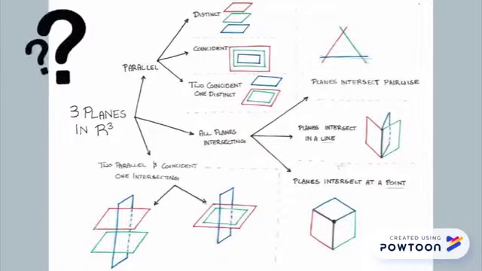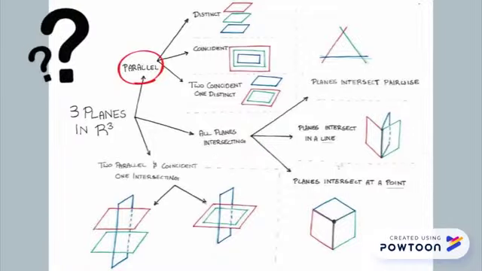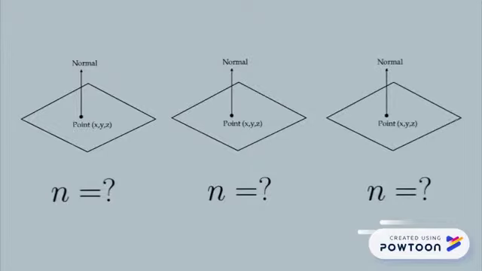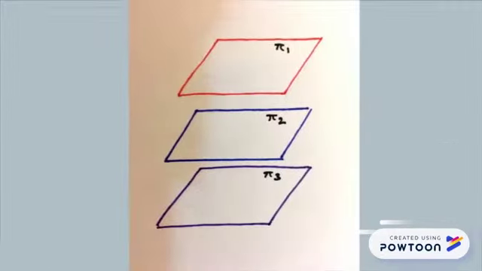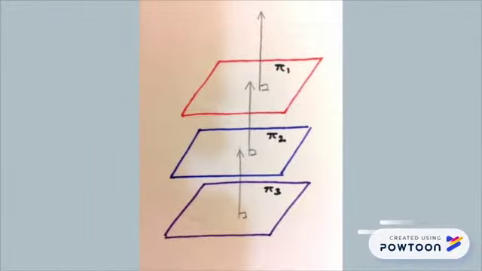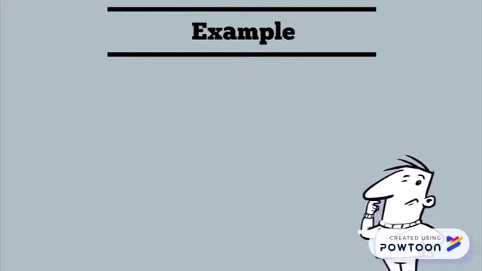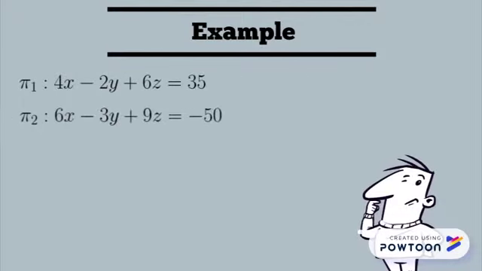So how are we going to distinguish which of the scenarios the three planes fall into? We can start by comparing the normals from the scalar equations of each plane. As we know, if all the planes are parallel, then their normals will also be parallel. For example, we have three planes, pi 1, pi 2, and pi 3.